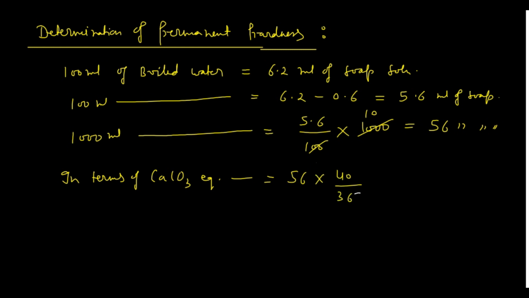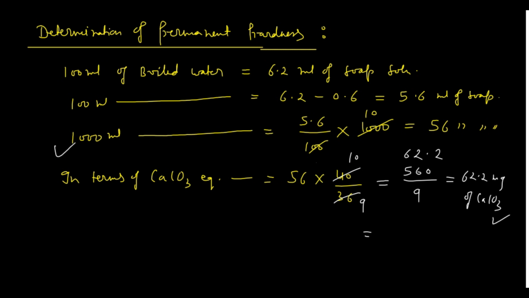So if you do the calculation, here if you cancel this by 4, it is 4 9s are 36 and 4 10s are 40, and this will give you 560 over 9, and that equals what? 9 6s are 54, then 2, 9 2s are 18, then further 2, 9 2s are 18, so 62.2 mg of CaCO3 which is present in 1 liter.